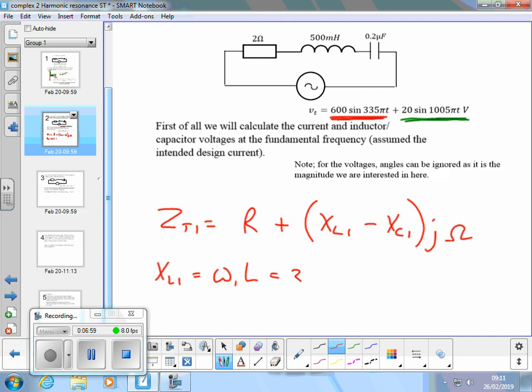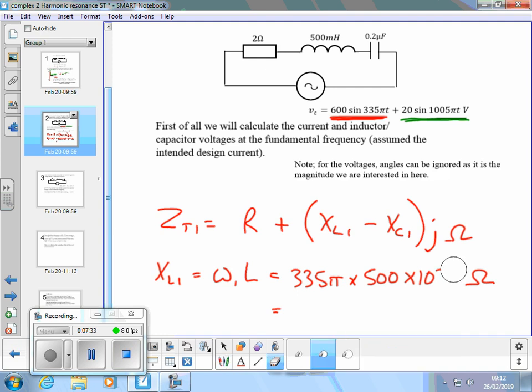which is 335 pi times 500 times 10 to the minus 3, in ohms. So if someone could push the buttons on their calculator and tell me what that is, please. Sorry, yes, 10 to the minus 3, milli.